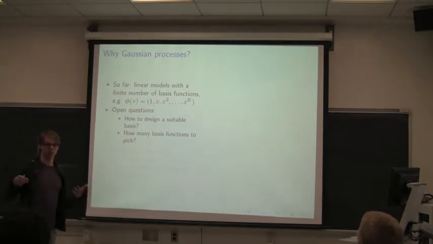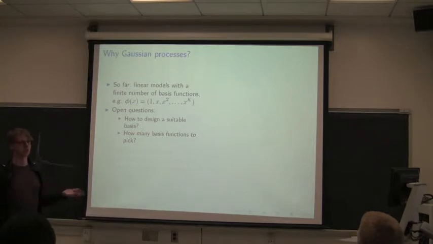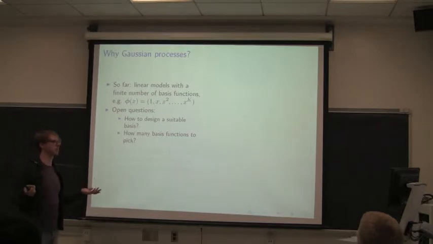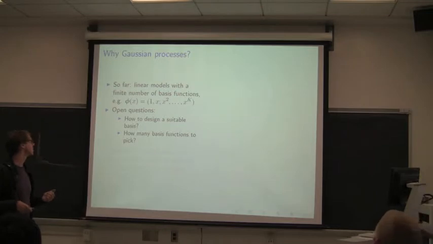If we use something else, we fit something else. You get the idea. Now the question is, if we increase the number of basis functions, our model becomes more complex and we have to regularize again. So what's a good number of basis functions? Or what kind of basis functions do we want? All of these questions are not easy to answer.